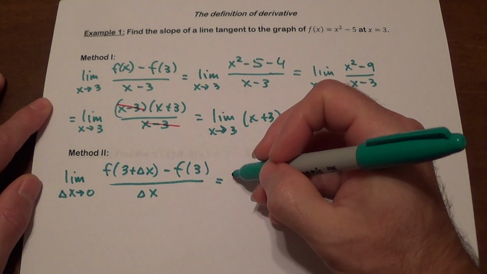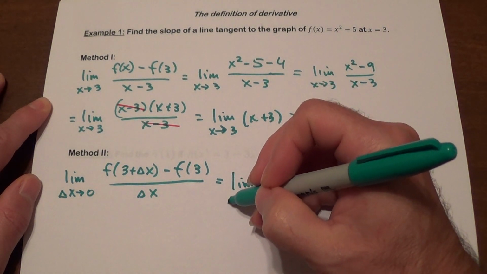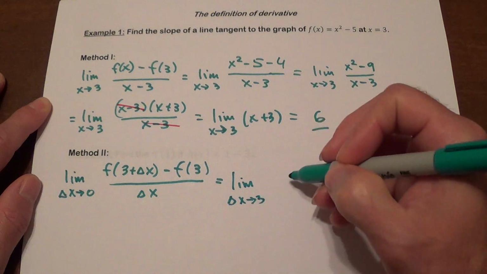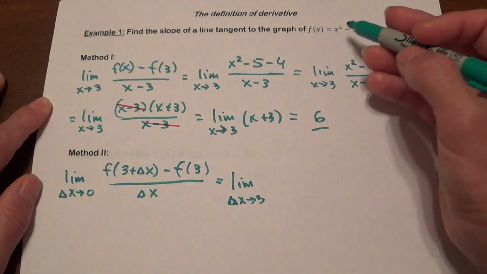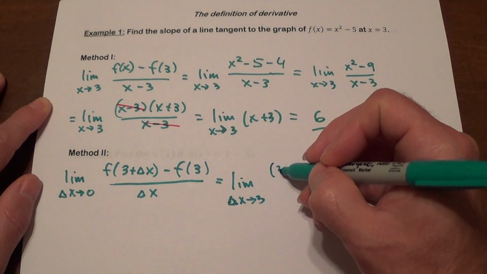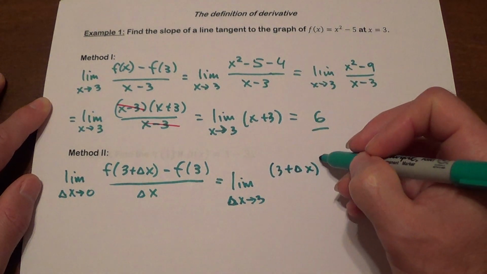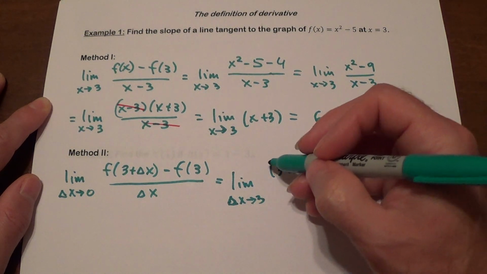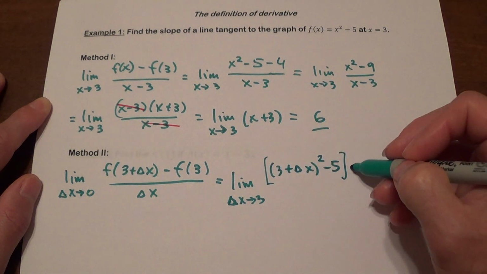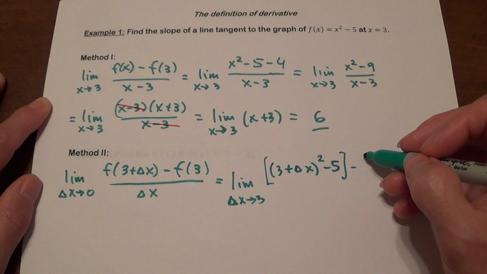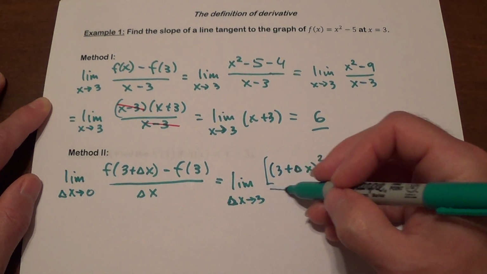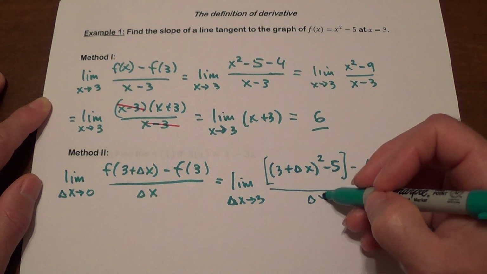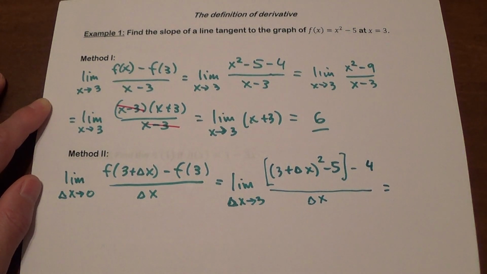Well, I shouldn't say advanced, but it requires a little bit more effort here in understanding. So we are going to substitute 3 plus delta x into the function, which will give us 3 plus delta x squared minus 5, minus, and this is simply going to be f of 3, which we already know is 4, divided by delta x.